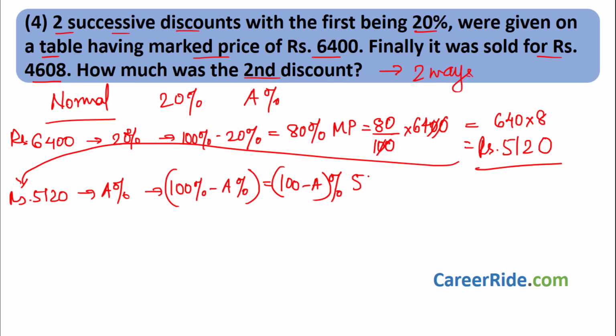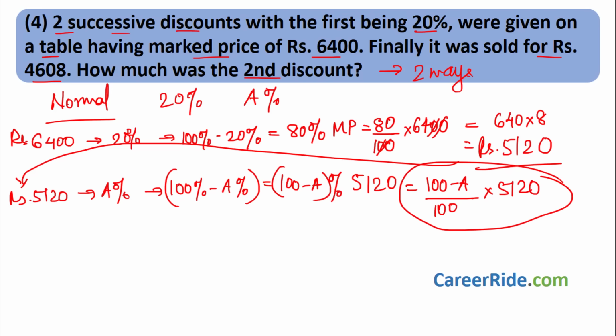What is the new price? 5120. So that would mean 100 minus A upon 100, because percentage sign is divided by 100, multiplied by 5120.